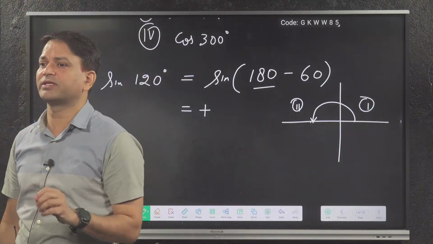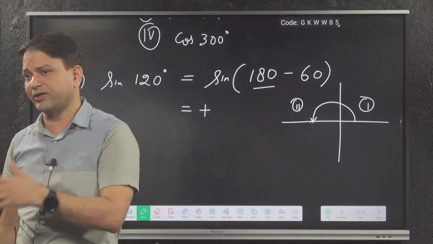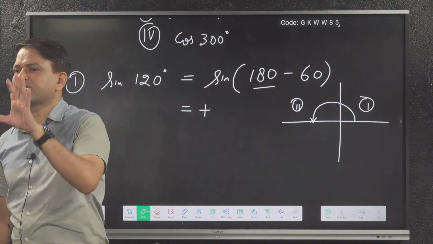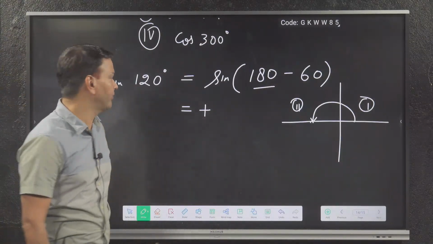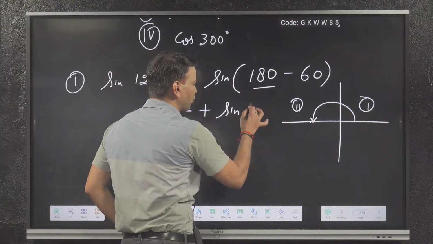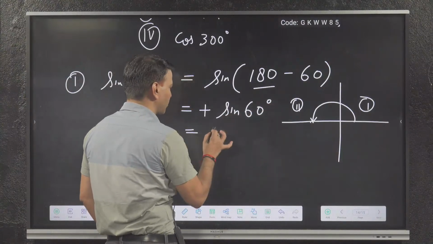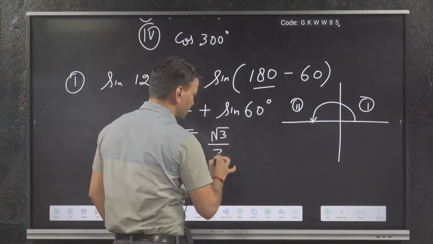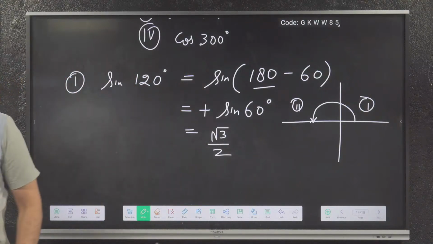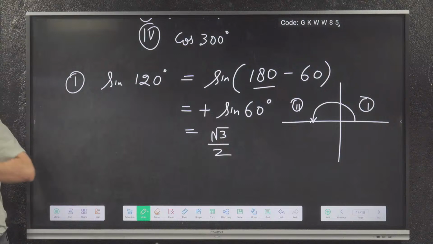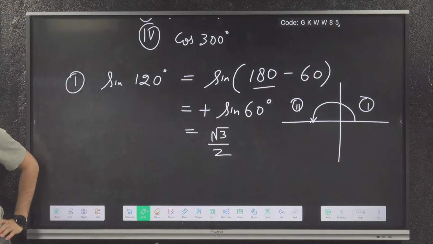By the quadrant we will decide whether the sign is positive or negative. So after that directly I will write plus sine 60. There is no role of 180 now. Sine 60 is root 3 by 2. So the value of sine 120 degree is root 3 by 2. Everybody understood or not?